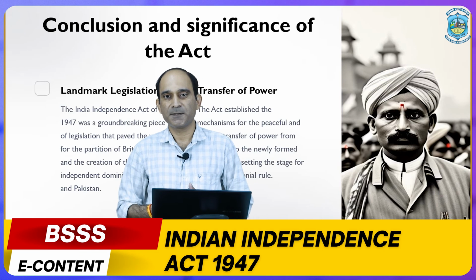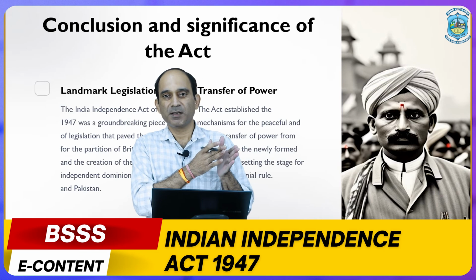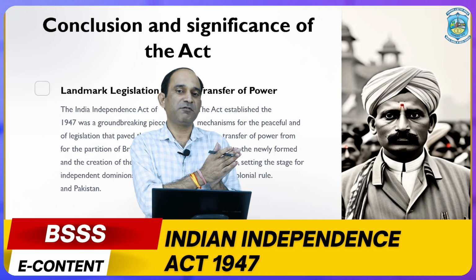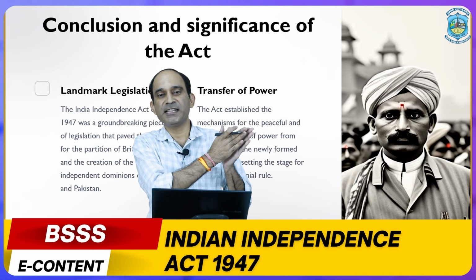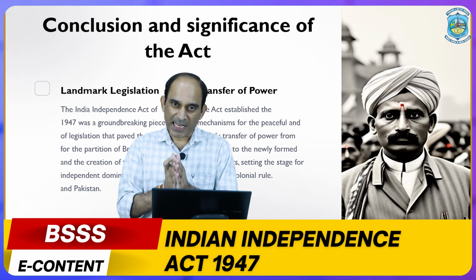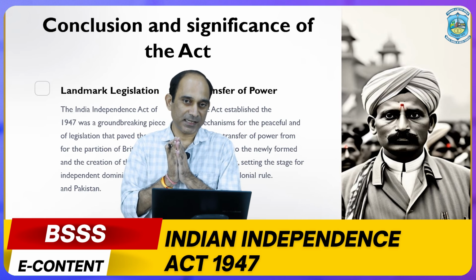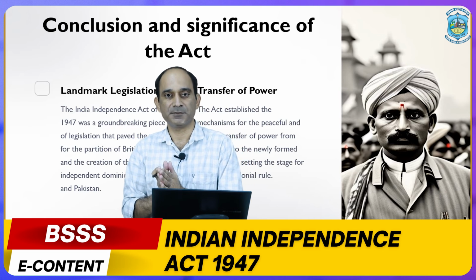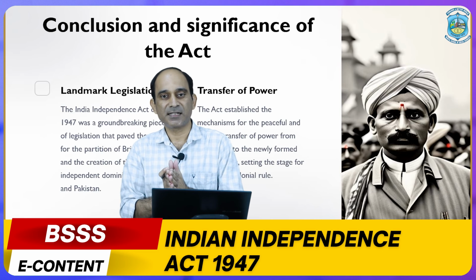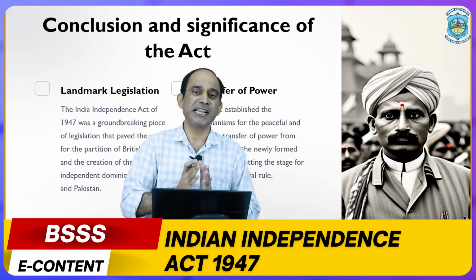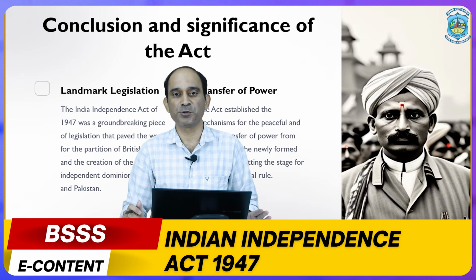As we discussed earlier, the journey which began with the 1773 Act ends with the last act, that is the Indian Independence Act of 1947, because with this act, India gained its independence and also its constitution.